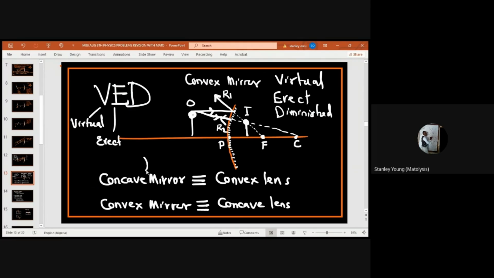Concave mirror, this is it here. Convex lens, this is it here. Okay. Convex mirror, this is it here. And what? A concave lens, this is it here.